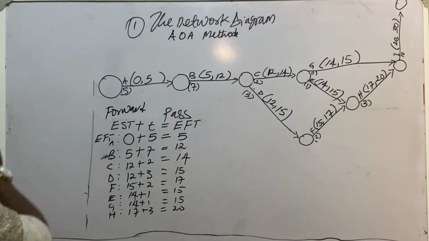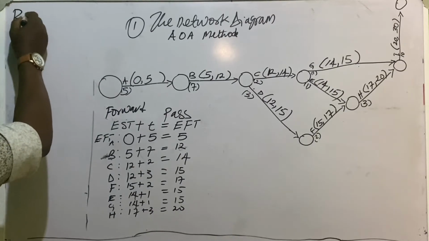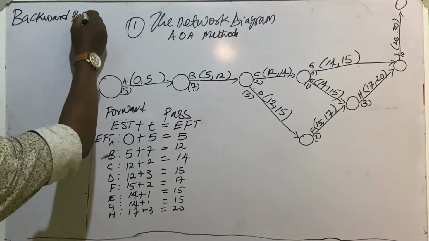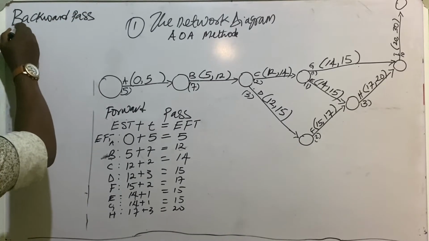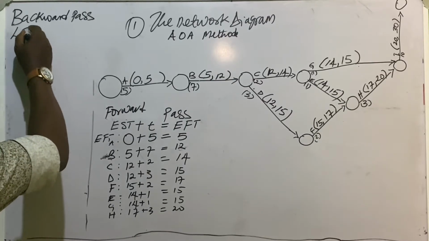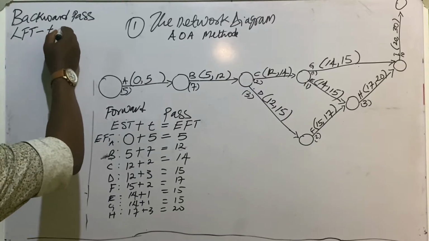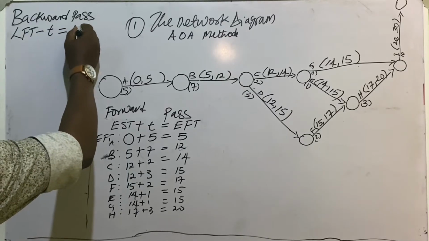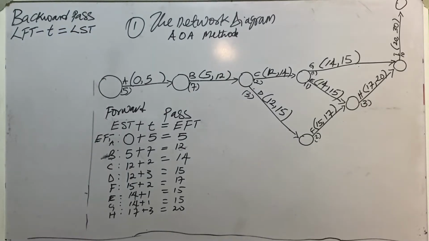So we're going to do a backward pass here, which is latest finish time minus time will give us the latest start time. So this is our latest start time. We're going to do this quickly, and it's very simple.